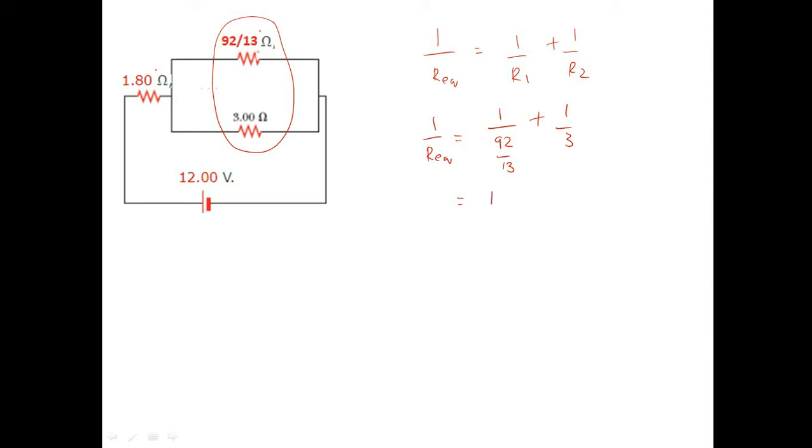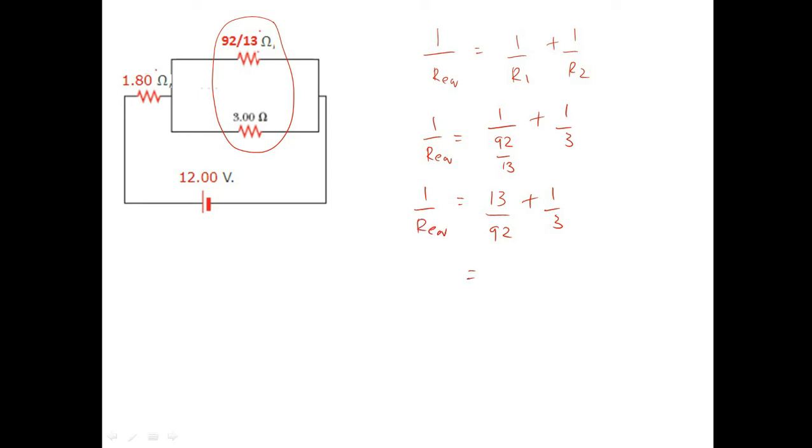Now we observe that this 92/13 ohm resistor and this 3 ohm resistor are again in parallel. We know that in parallel 1/R equivalent equals 1/R1 plus 1/R2. So 1/(92/13) plus 1/3 is the 1/R equivalent. This becomes 13/92 plus 1/3.